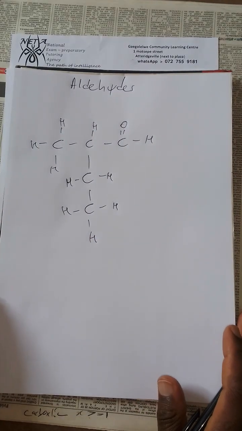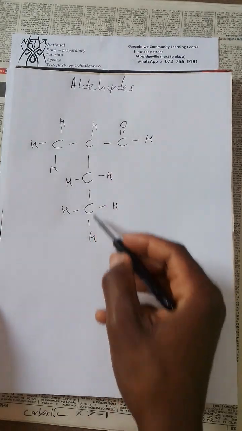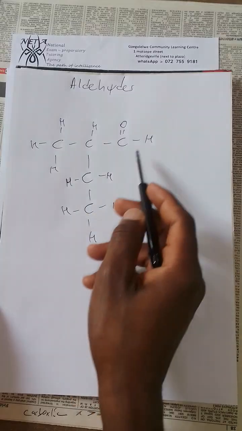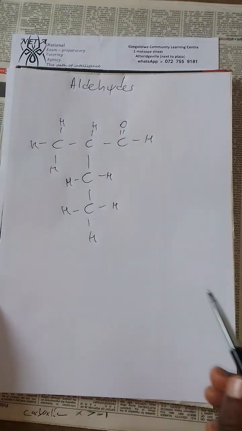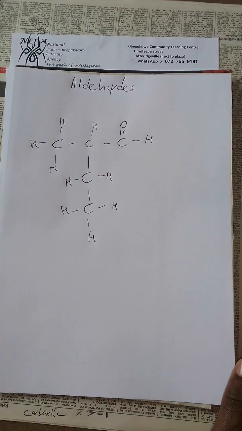Now, whenever you have to name any homologous series with branches, where you have branches that are extended from what could be seen to be a parent chain, the first thing that you have to do is check the chain with the highest number of carbons, and that chain will be declared your parent chain.